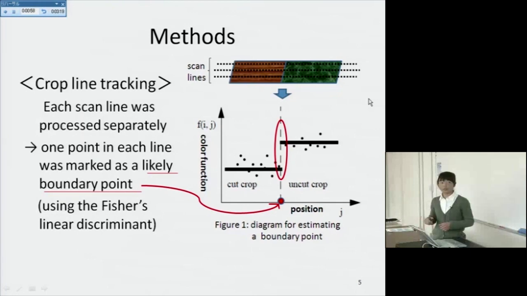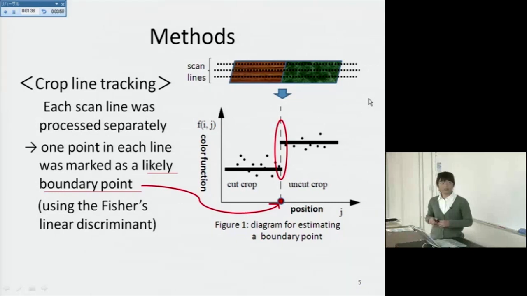Each point indicates the relation between the position and the color function. As you can see, these points are divided into two groups. Then, by Fisher's linear discriminant, we can decide what point is the boundary between the two groups.